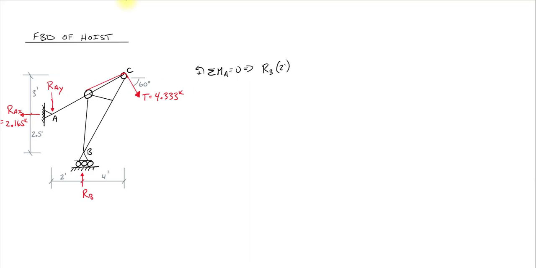And then I need to look at this tension in this cable. I don't know the perpendicular distance from A to the cable. It's kind of funky. Again, I'm going to break it up into components and then just use the dimensions that I've been given here, these dimensions and these dimensions. So to do that, I need to break it up into components. I'm going to have the X component of the force in the cable there and the Y component of the force in the cable there.